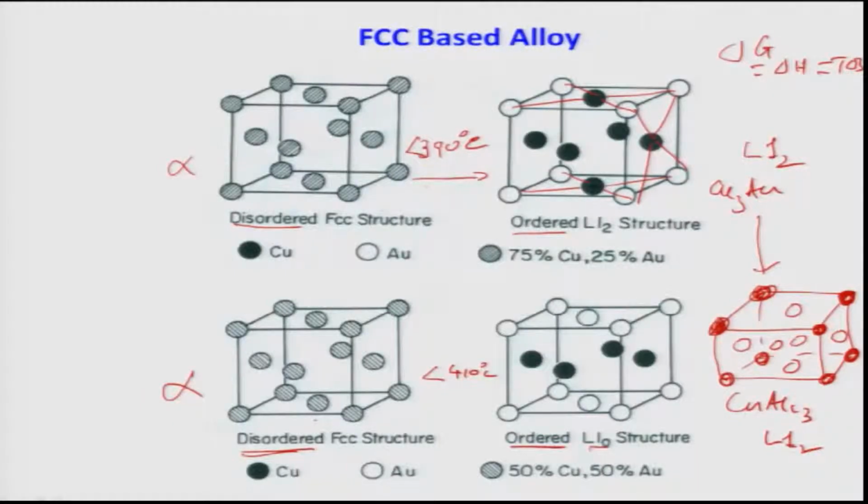Once you have that kind of structure, we can extend this to other structures. In the case of L12 structures we can think of 4 different sublattices. One sublattice is occupied by the gold atoms, which are the corner atoms of the FCC unit cells, and the other 3 sublattices are occupied by the copper.